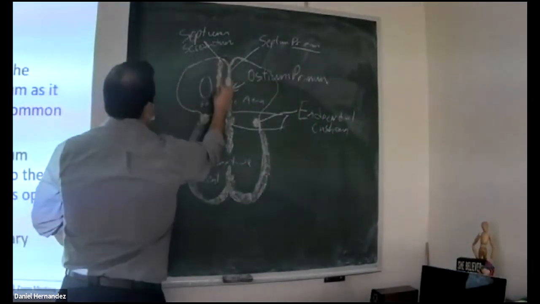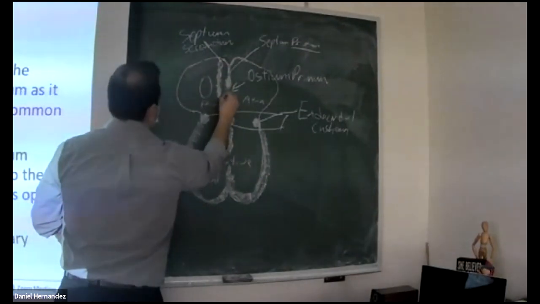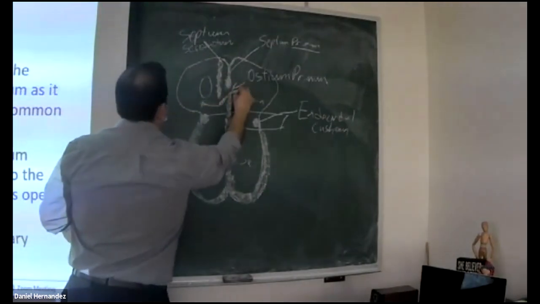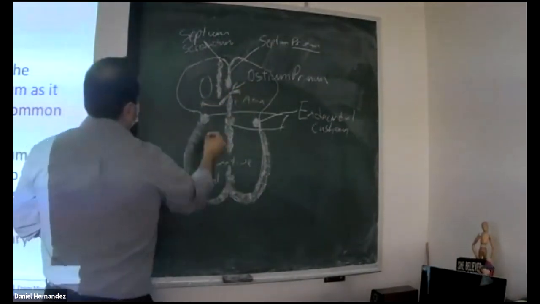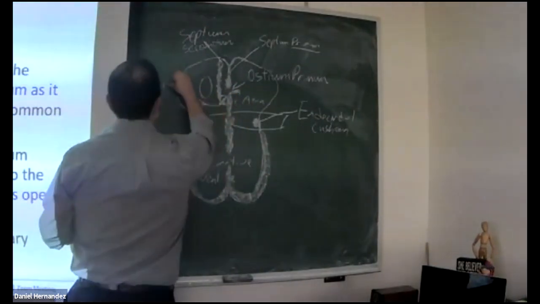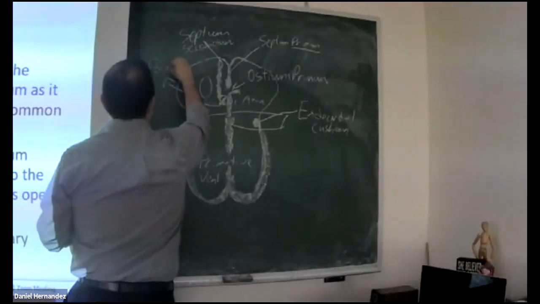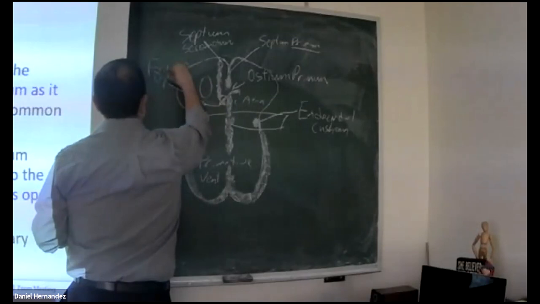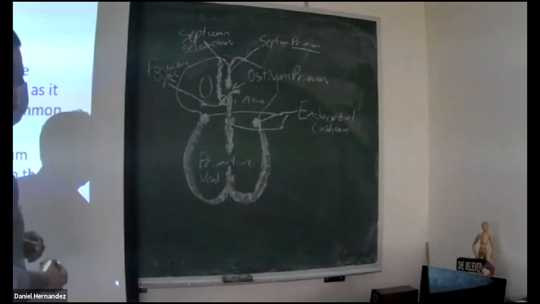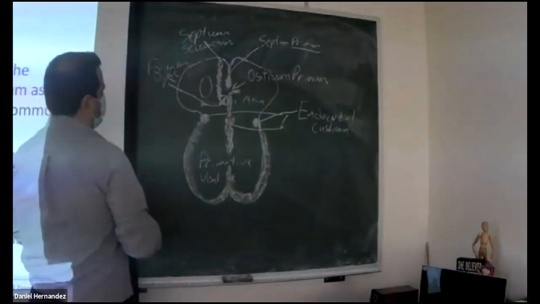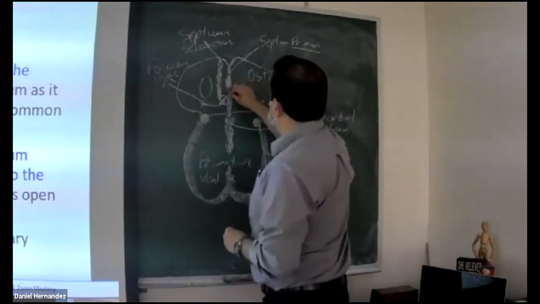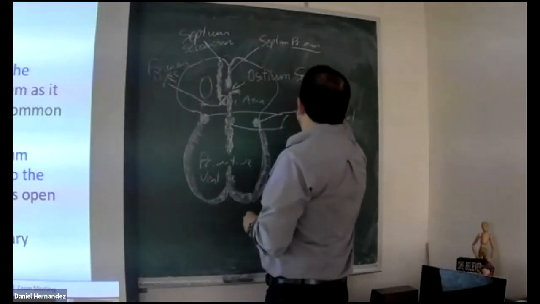So now when that septum develops down, we now have a channel from the right atrium into the left atria. So this opening here now becomes your foramen ovale. And this channel now becomes your ostium secundum.